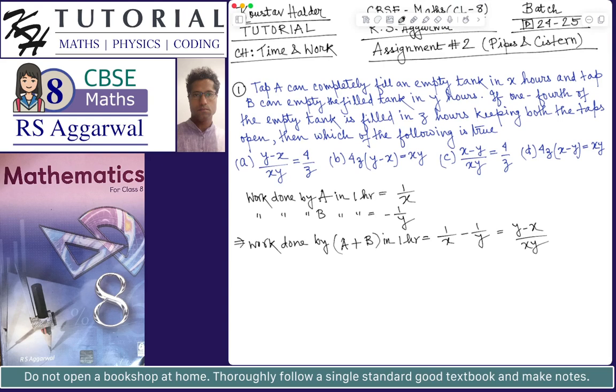So work done, we know that work done by A plus B in 1 hour is (y minus x) by xy.